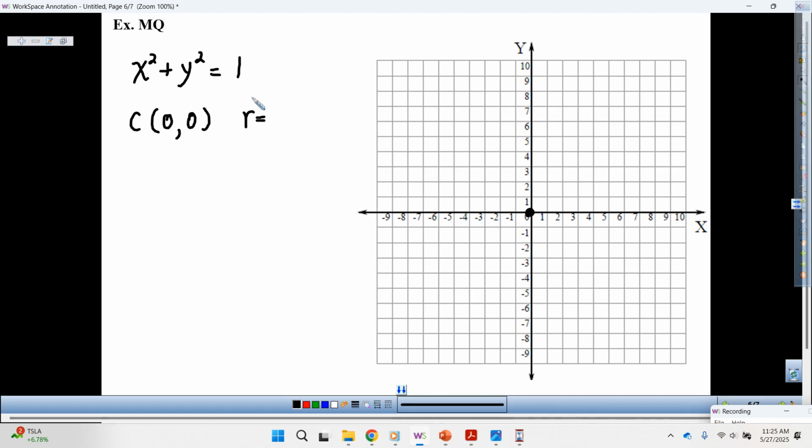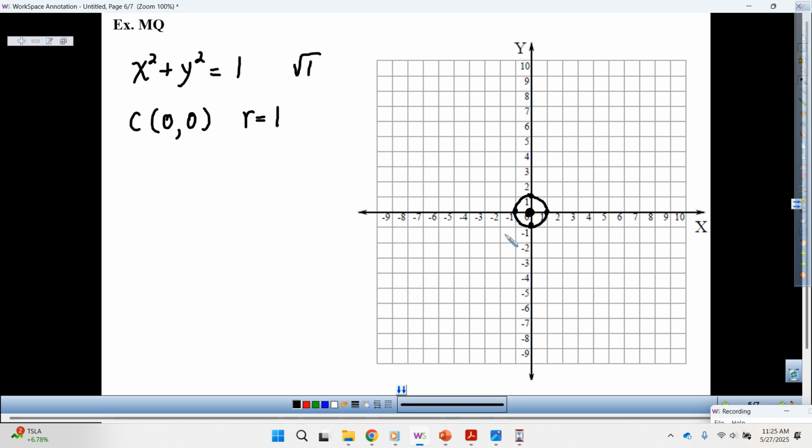And the radius, how do we find the radius, Mario? Yeah, take the square root of 1, and that is 1. That is correct. 1 to the right, to the left, up and down. And there's our original circle.